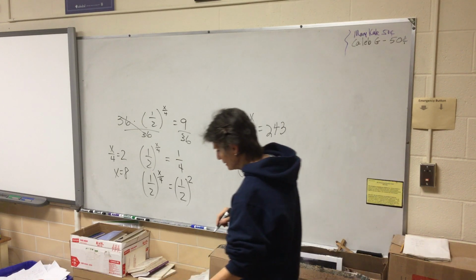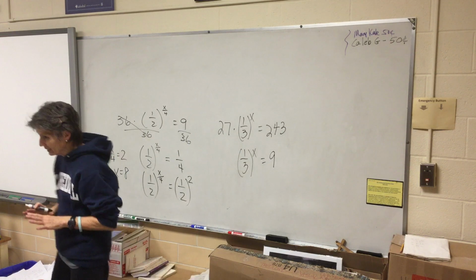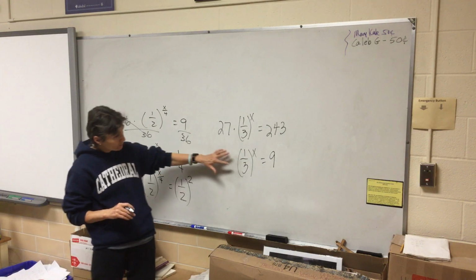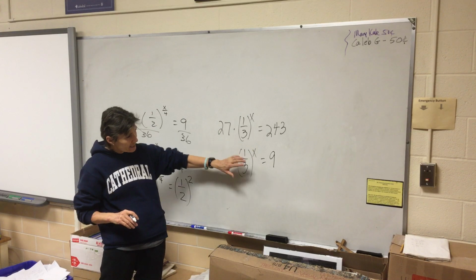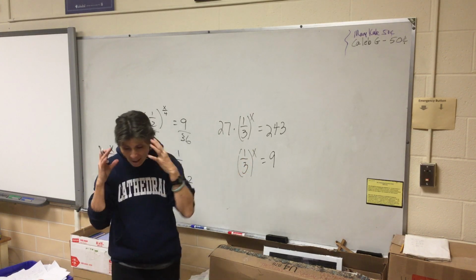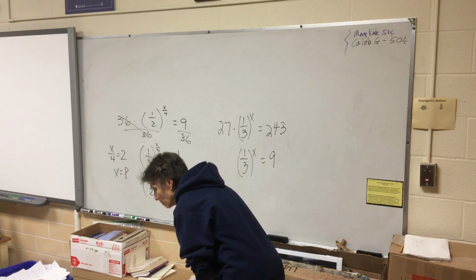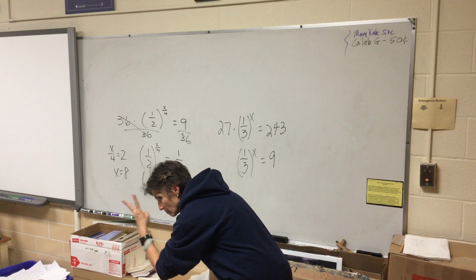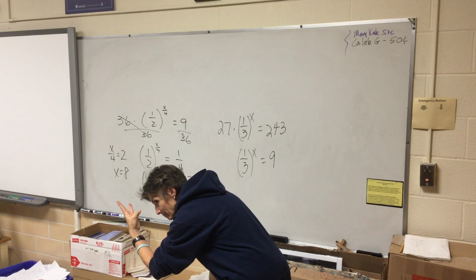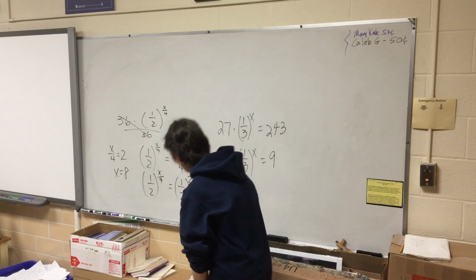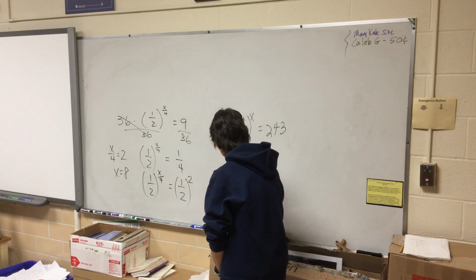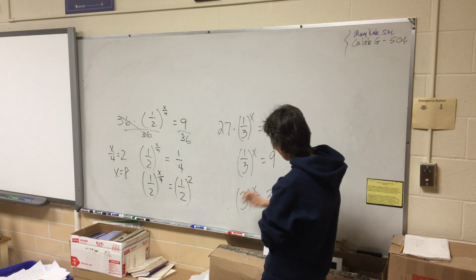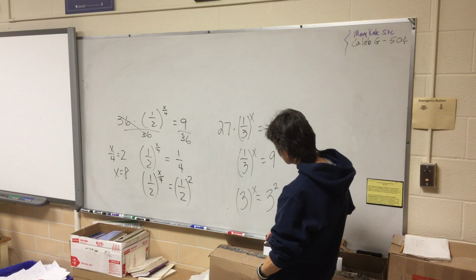Now this one's a little bit different. We can handle it. We got it. We need a common base. Now looking at a 1/3 and a 9, what number just seems like it should be our common base? 3? If I choose to use 3, obviously 9 is 3 squared, that's easy.